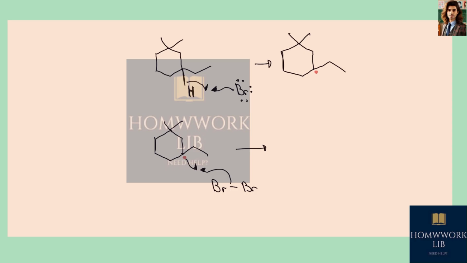for the termination. So over here, remember always to write down all of the pairs of electrons, and one half arrow goes here. This is going to produce the following molecule. We're going to have our ethyl group over here and our bromine atom plus another bromine radical.